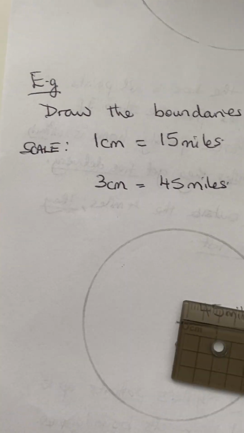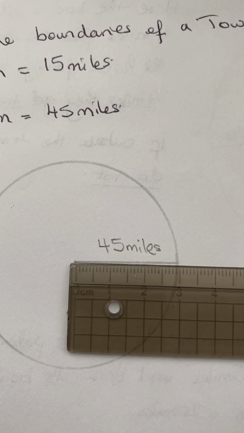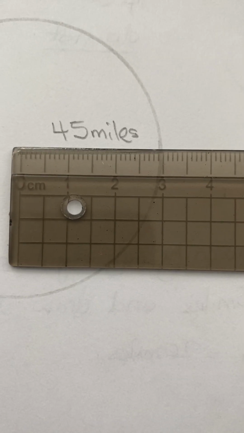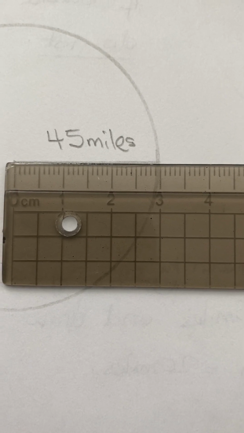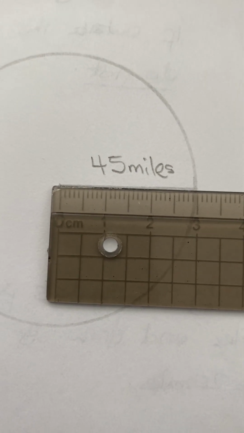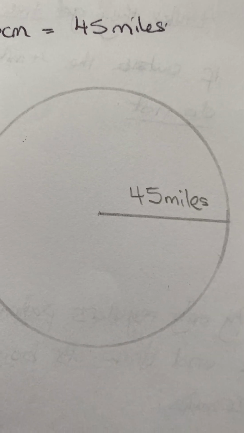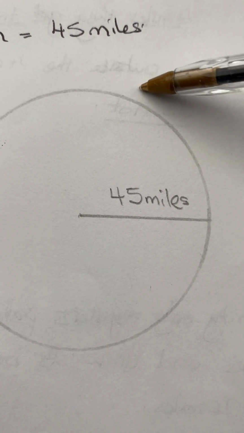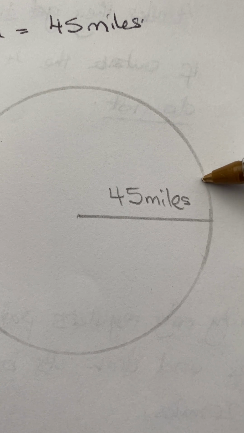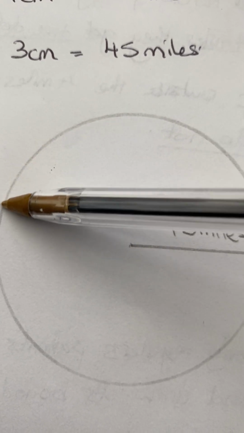So as you can see, my 45 miles, if I use the scale I'm giving, if I zoom in, will be 3 centimeters, which is 45 miles. So this is the town city center. Everything here, whether houses, schools, or another town, they are all loci.